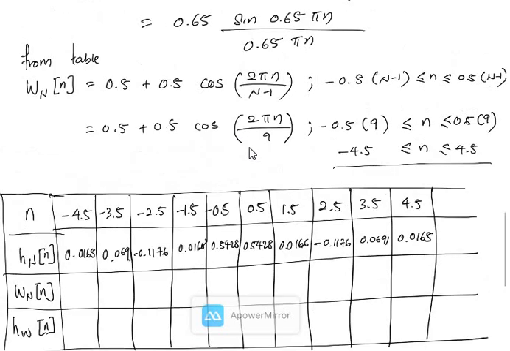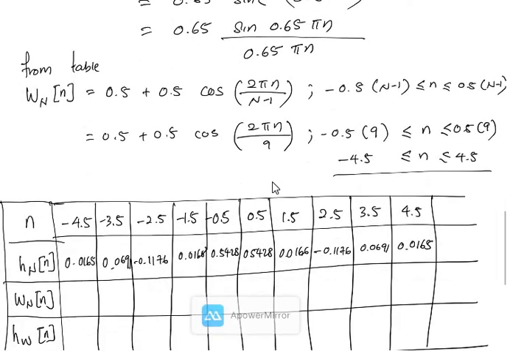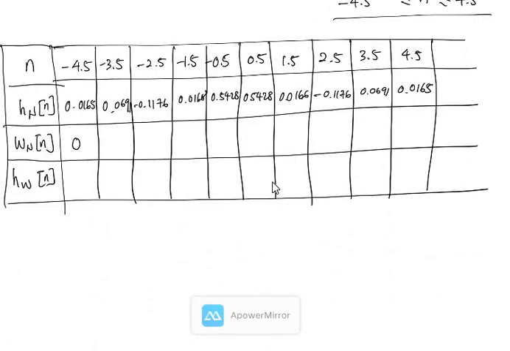Okay, and then for the w[n] you follow this formula, 0.5 plus 0.5 times cos(2π n divided by 9). And for this one, I get 0 for the first value. Okay, and then for the h-hat w[n], it's just the pointwise multiplication of the h-hat[n] and w[n]. So I get here 0.